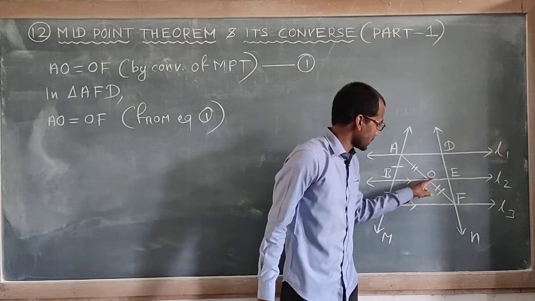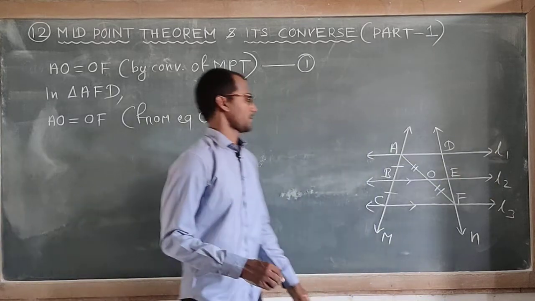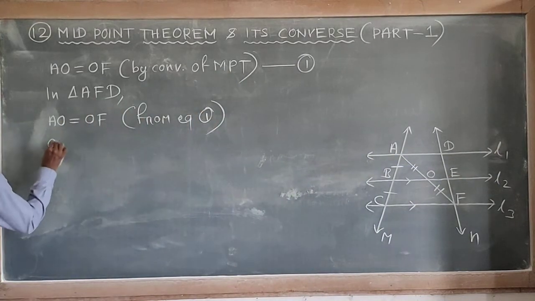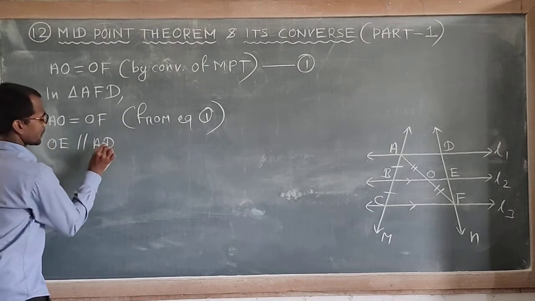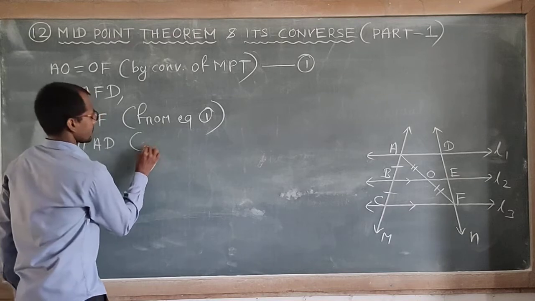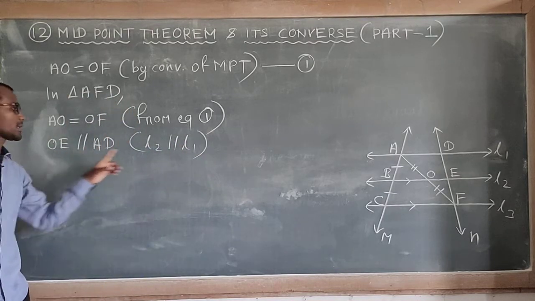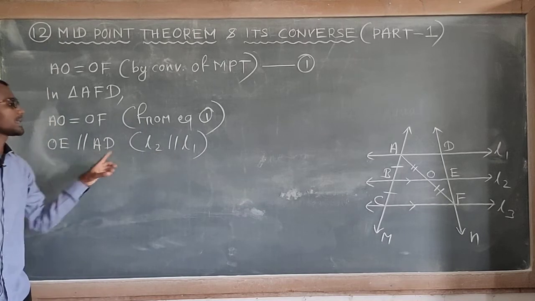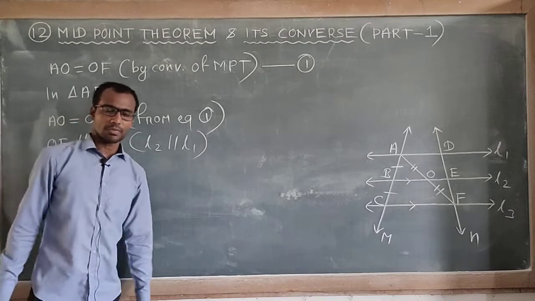And OE is parallel to AD because L2 is parallel to L1. OE is a part of L2 and AD is a part of L1, from the diagram you can see. So again we can use converse of MPT.